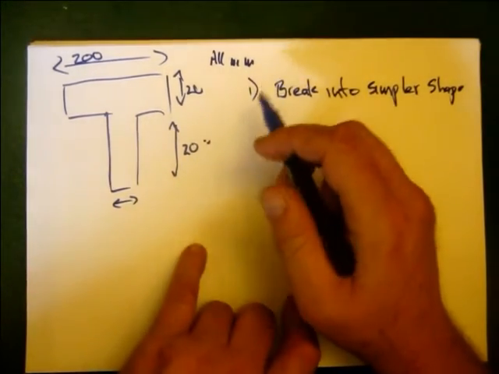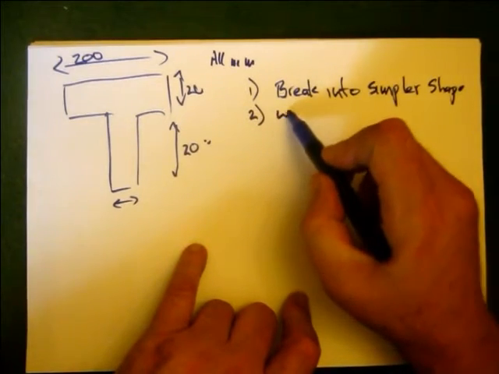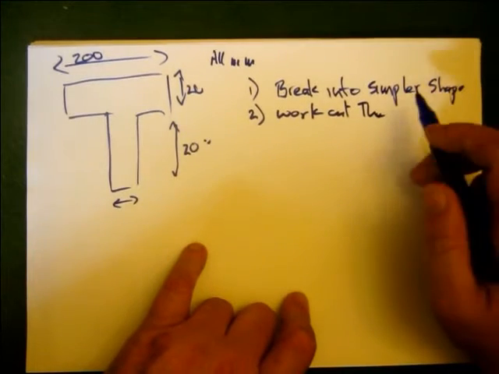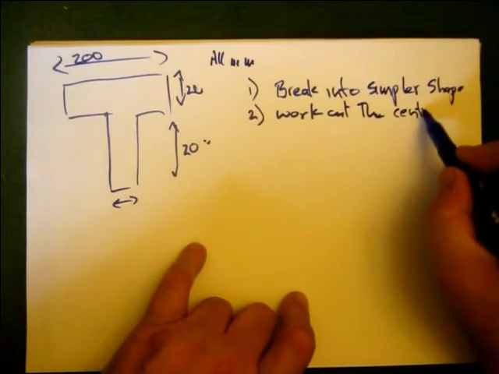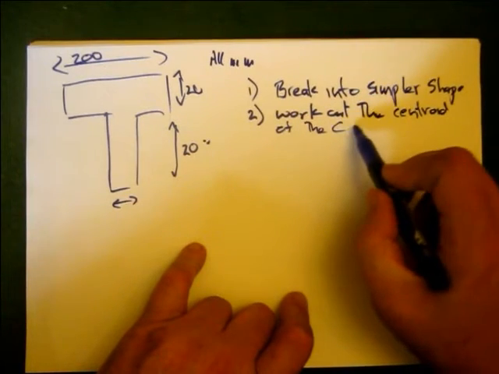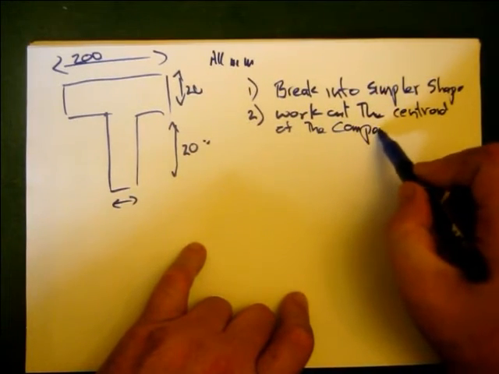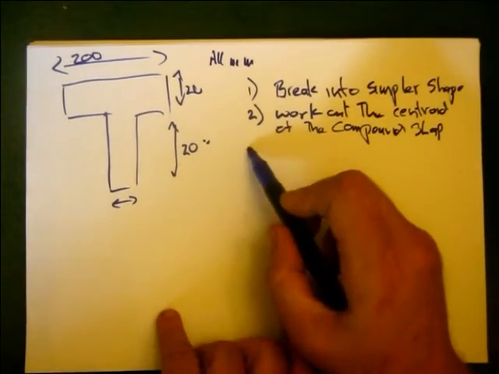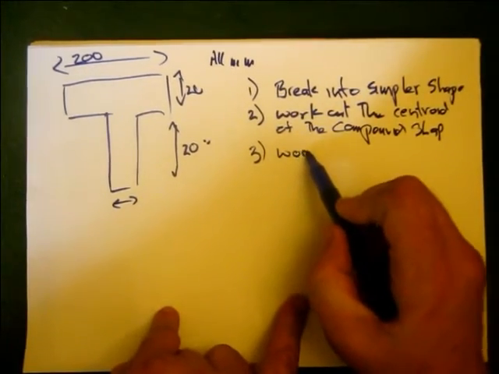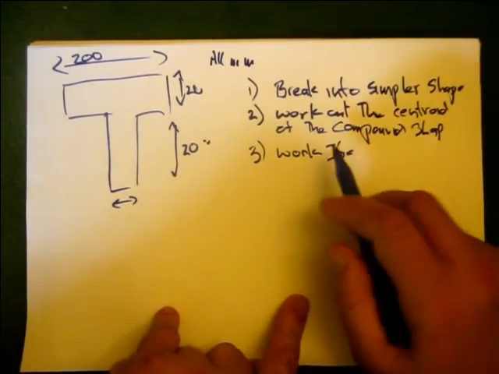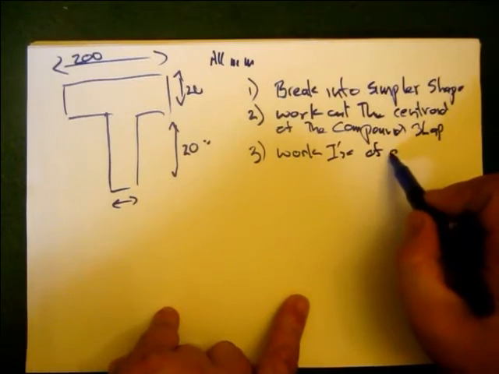Step 2 is work out the centroid of the compound shape. Step 3, we're going to work out the second moment of area, I prime x, of each bit.